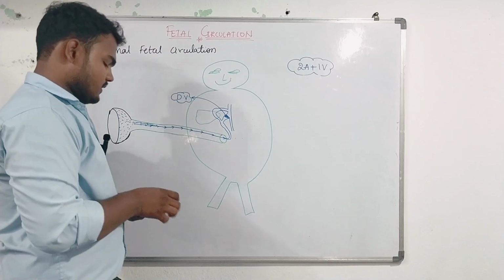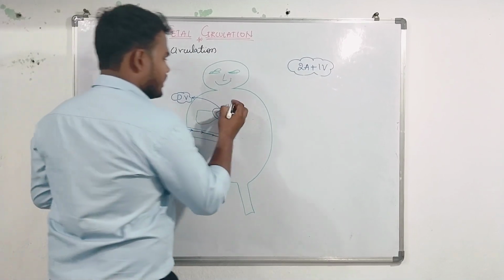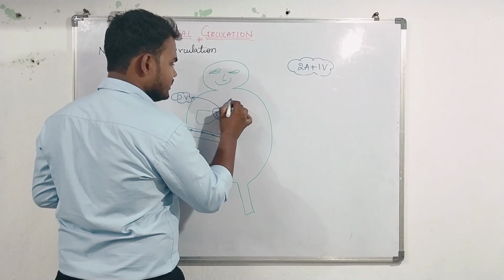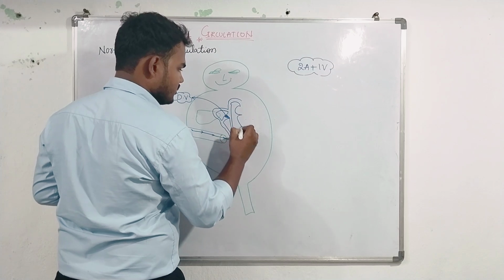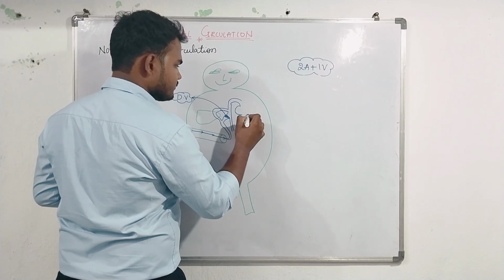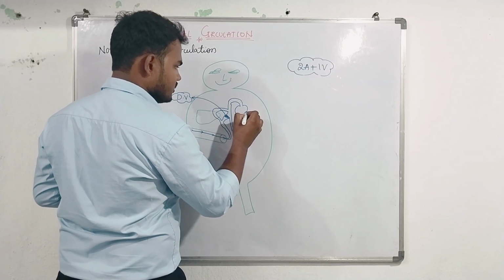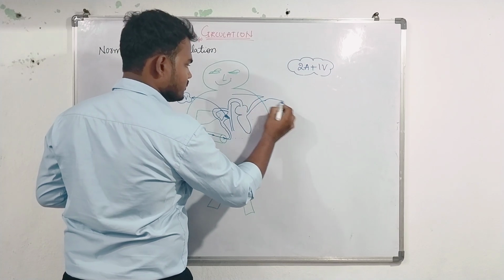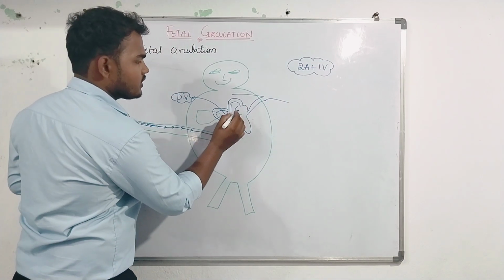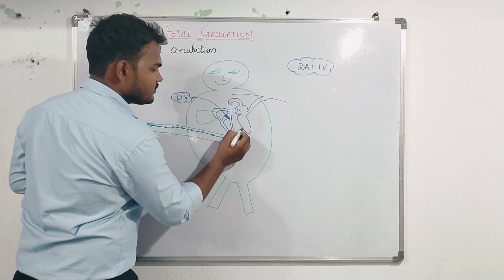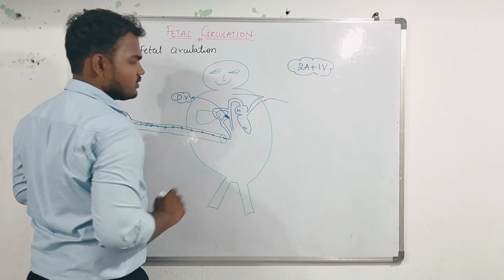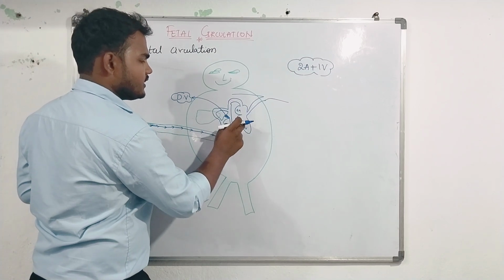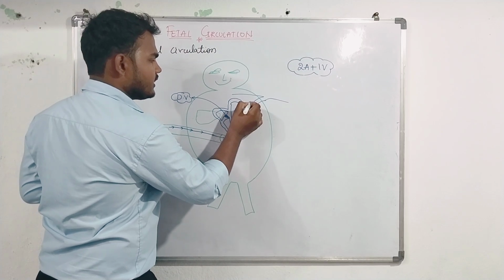Now this inferior vena cava, the blood enters into the right atrium, right ventricle, and pulmonary artery.